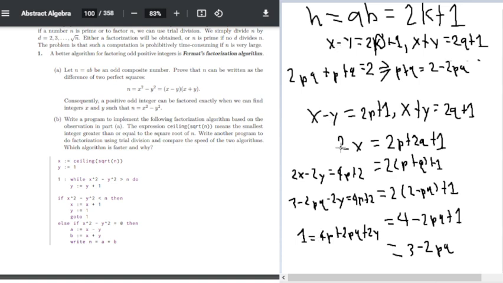And then this is going to be really weird if I want to try to do something with that. No, not yet. So 1 equals 2p plus 2pq plus 2y. No. I'm getting lost in all these details.